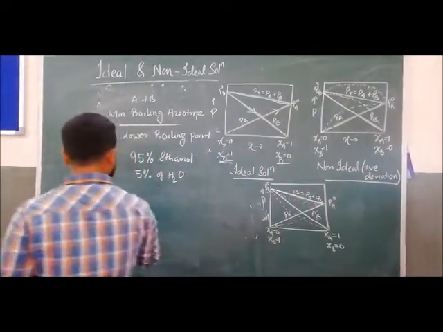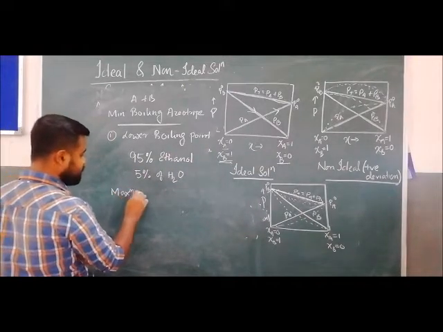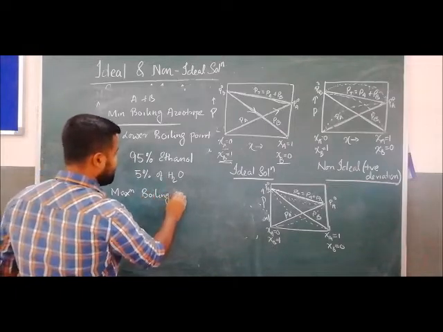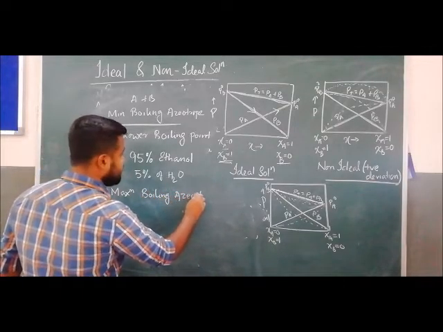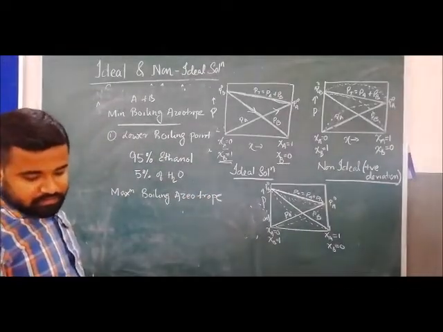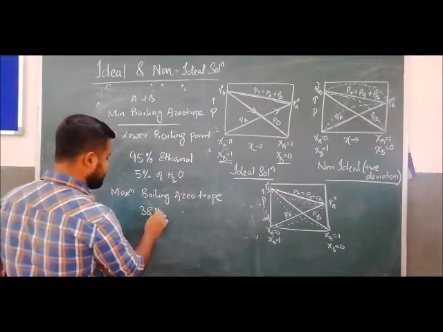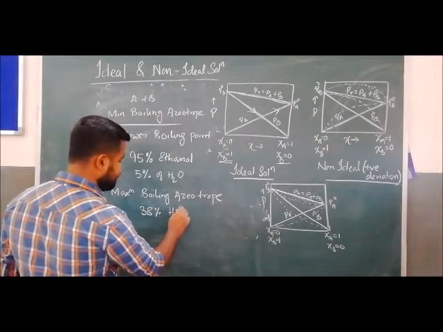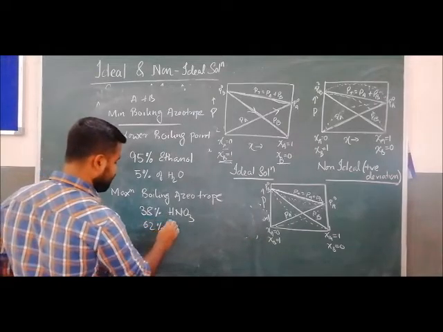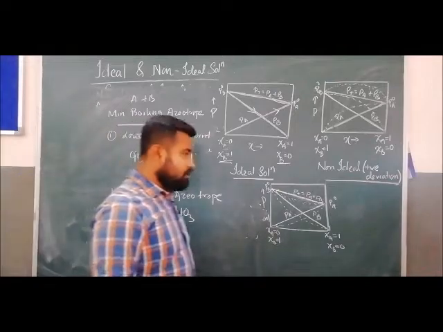Similarly, maximum boiling azeotrope. The example is 38% HNO3 and 62% water.